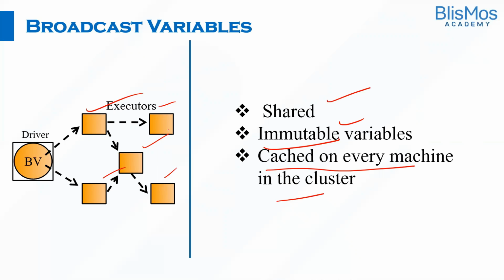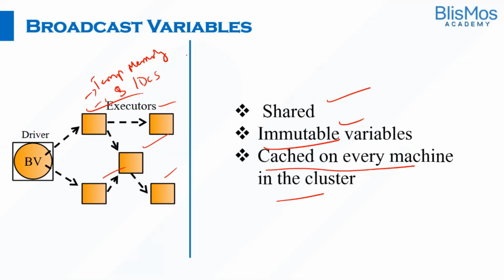When I say cached, they'll be stored in a temporary memory. So you need not send them again and again. That is not necessary. And there is no requirement of serialization and deserialization. Isn't it wonderful?